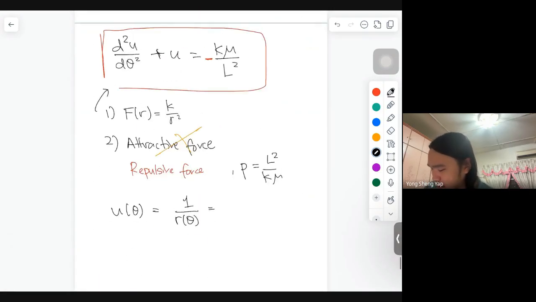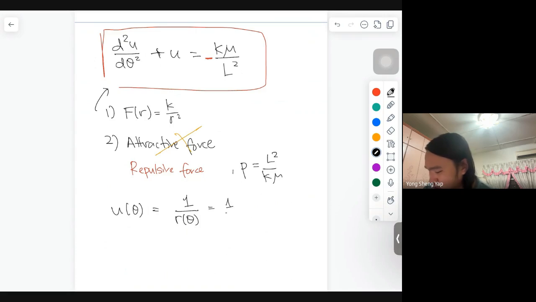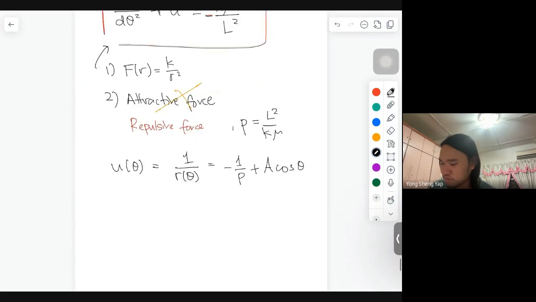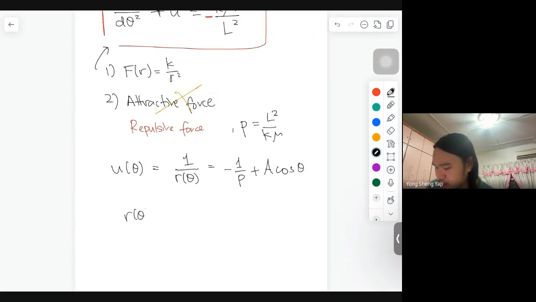So we have instead 1 over r equals minus 1 over p plus a cosine of theta. Okay, or r of theta equals 1 divided by... sorry.